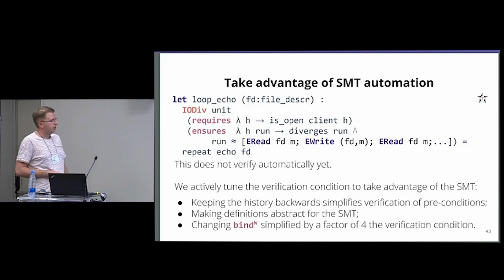Sometimes giving too much information to the SMT confuses it, or it tries to do too much and gets timeouts. So making things abstract is also important. And recently we changed the specification of bind, and this reduced by a factor of 4 the number of goals in the verification condition. So this was a huge improvement for our case.